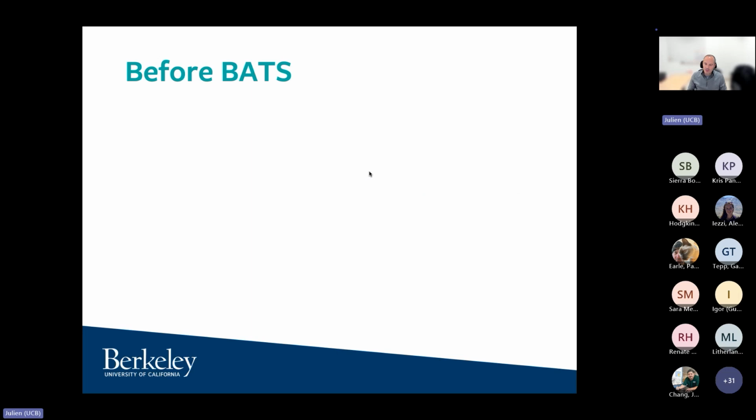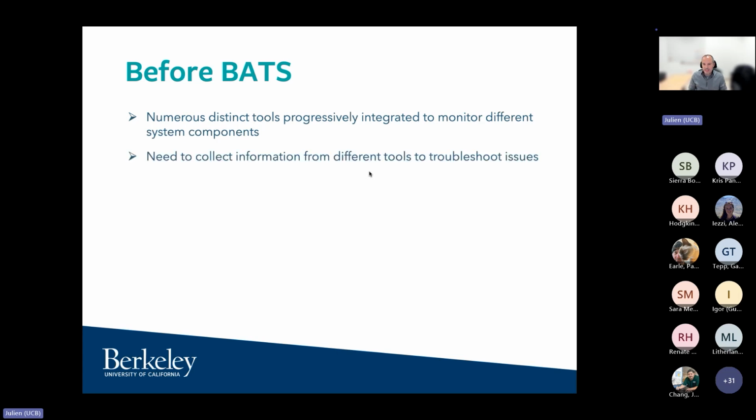And so before we had BATS, we had in fact quite a number of tools that we were using to monitor different parts of our systems, and that were progressively integrated. And so when one staff wanted to troubleshoot an issue, whether it's at the networking level or station level, there was a need to log into different tools to collect all the necessary information to be able to troubleshoot a specific issue.